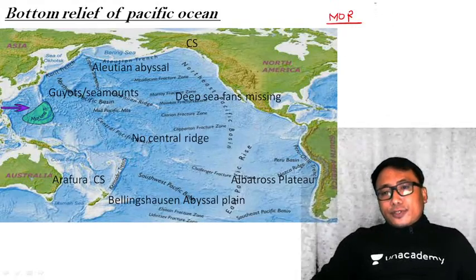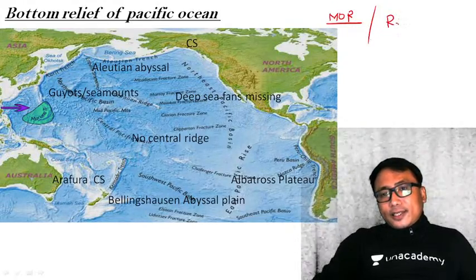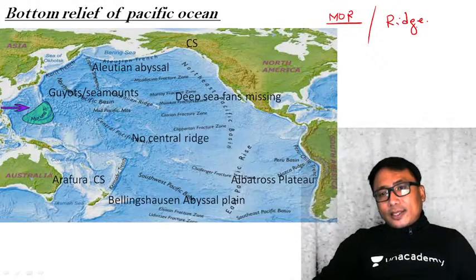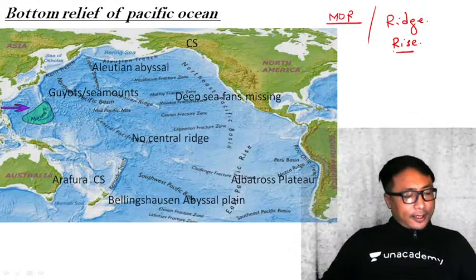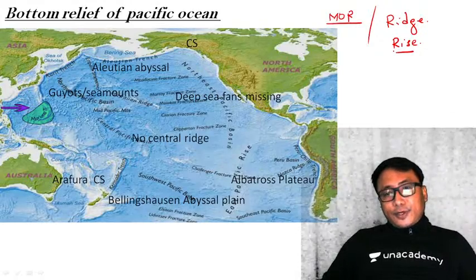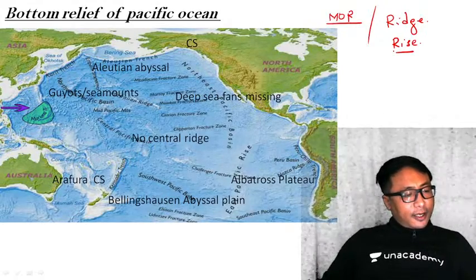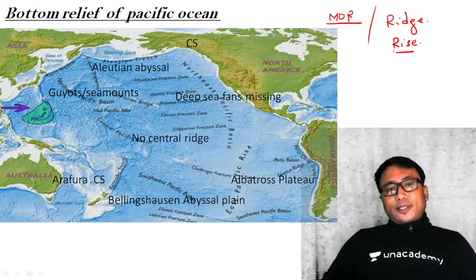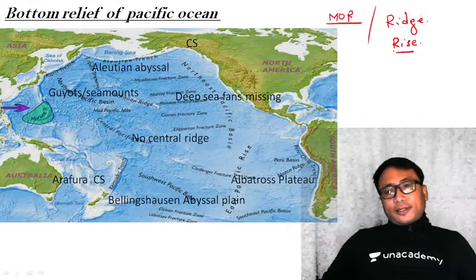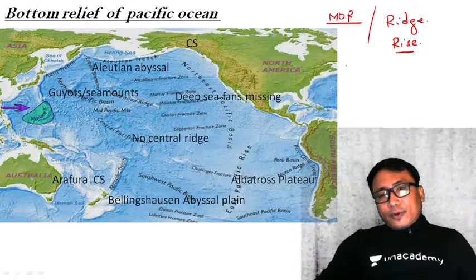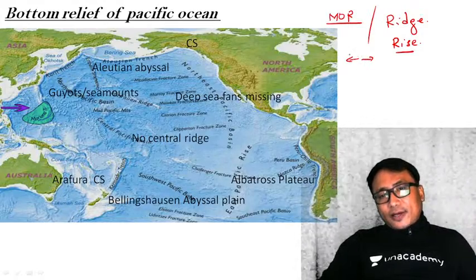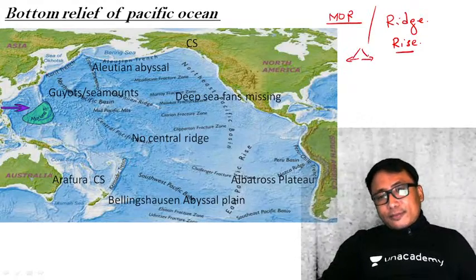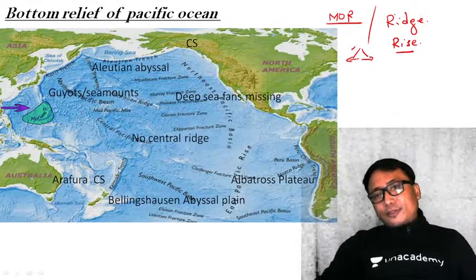We also saw yesterday what is a ridge and what is a rise. Kindly go and see yesterday's video. You will find the basic difference between a ridge and a rise. Depending on the velocity of the divergent plates at the MOR, if it is a very steep slope, it is called a ridge.